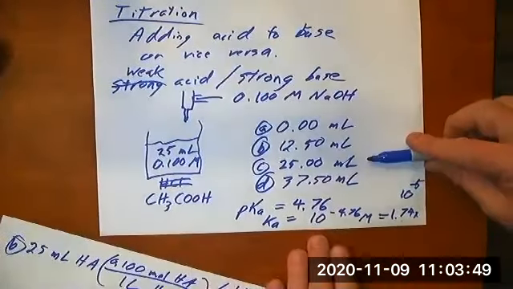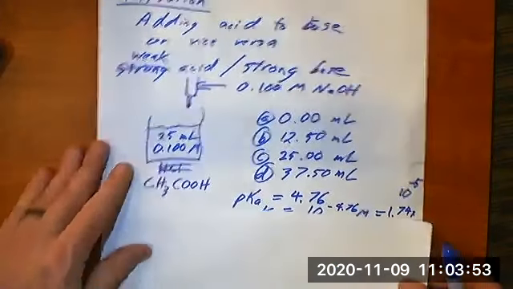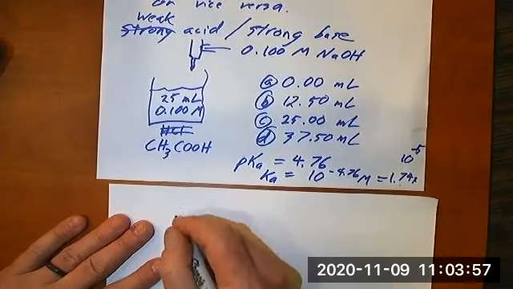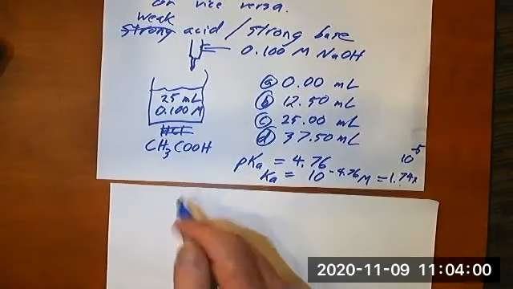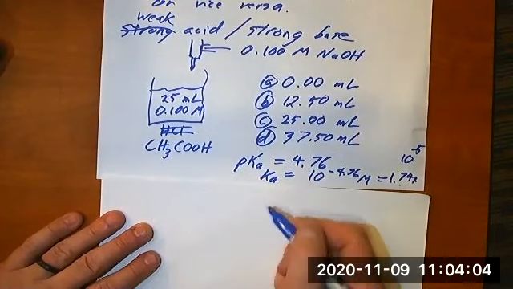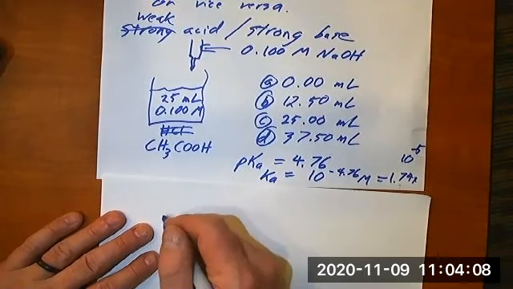At the equivalence point, which is our third point right here, we have to recognize that if we imagine the same thing happening as before, then we'll have converted all of the acid into its conjugate base, the A minus.